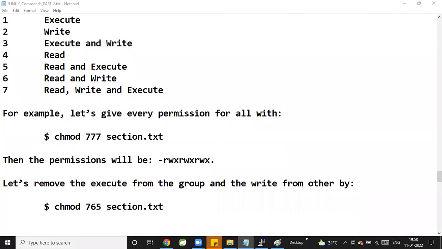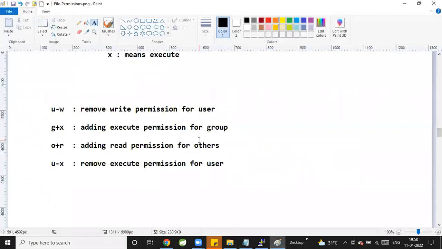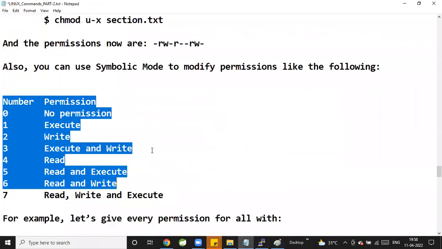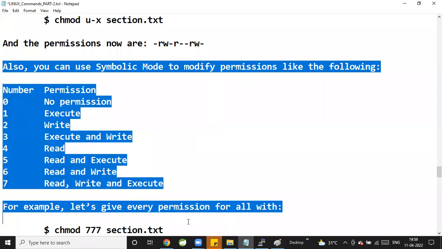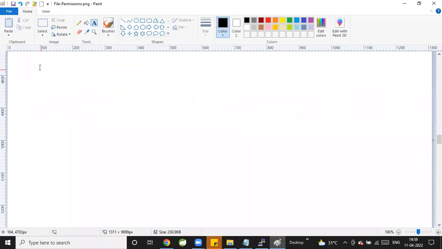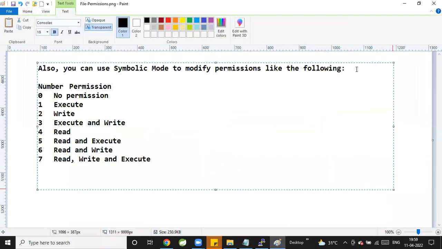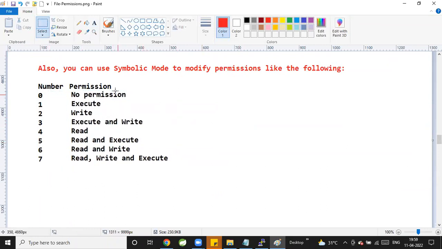Can you see this? Numeric permissions. Instead of using alphabets, you can go for numeric permissions also. This is the numeric permissions table, with number and permission type.